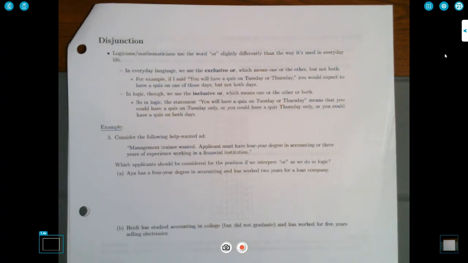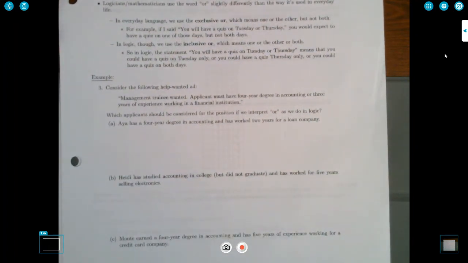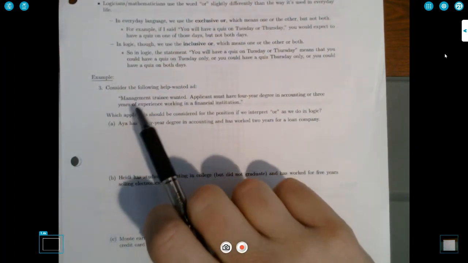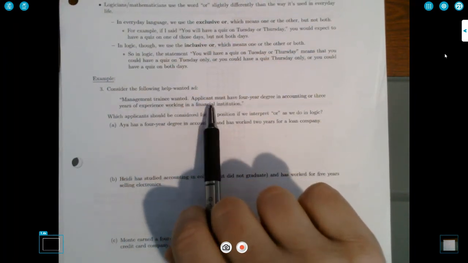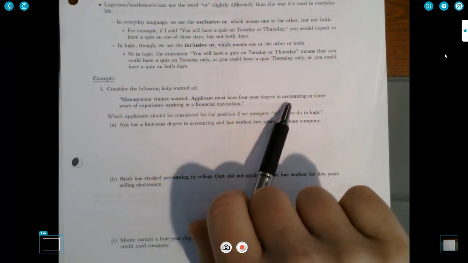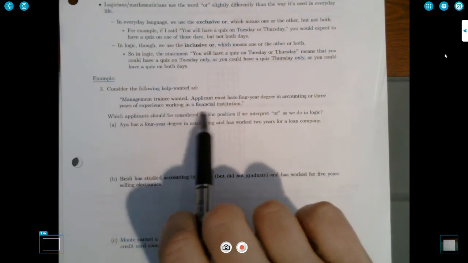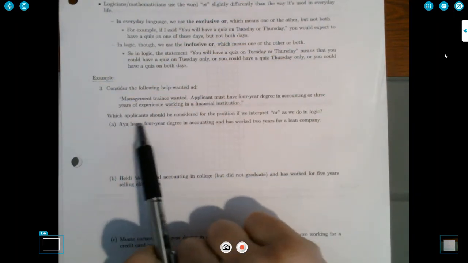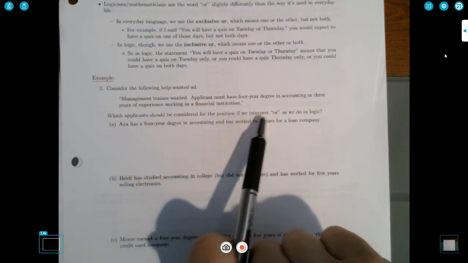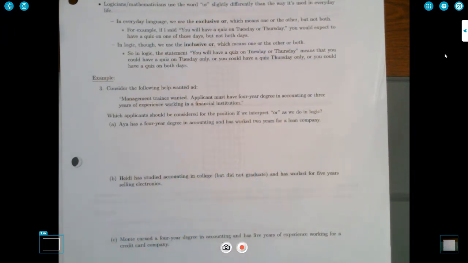So let's consider an example together. It says, consider the following help wanted ad. Management trainee wanted. Applicant must have a 4-year degree in accounting or 3 years of experience working in a financial institution. Which applicant should be considered for the position if we interpret or as we do in logic? In other words, we're going to be using the inclusive or.